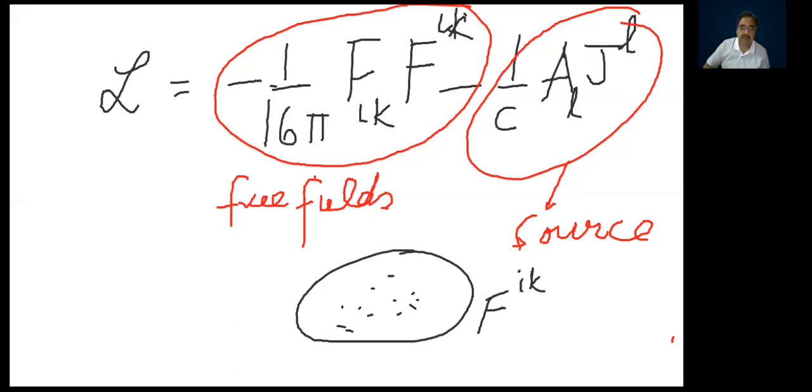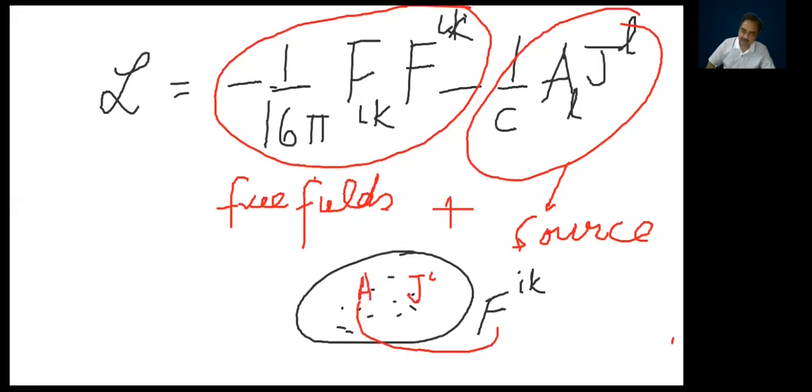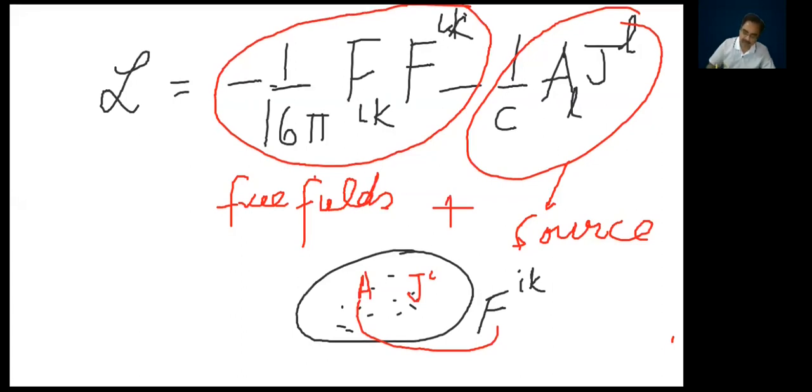Okay, and each of them is negative for the same reasons which I explained to you in one of my earlier lectures. So here you have Ji, and because of this you have AI. There should be interaction between the sources and this AI and Ji.